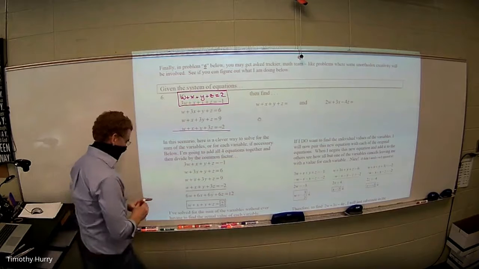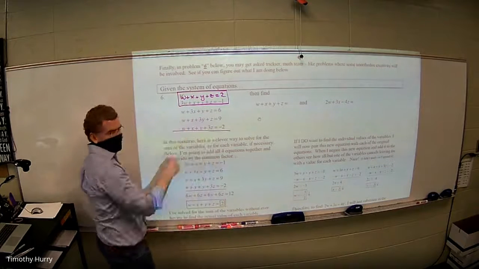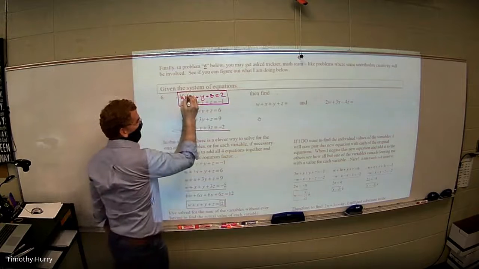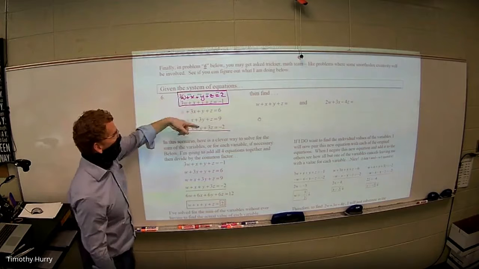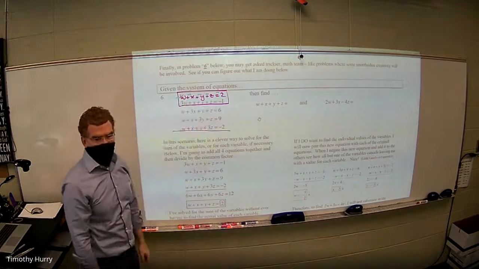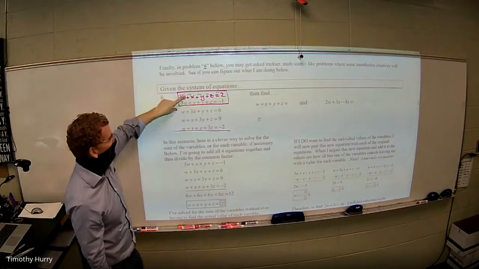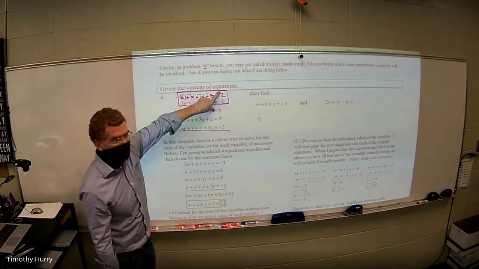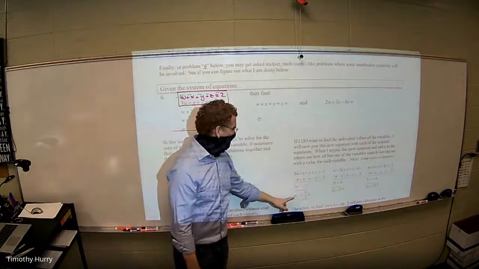Like, what would happen right there if I took this value and I combined it with the one that had the 3W and I negated both sides? What happens to the X's, the Y's, and the Z's? They're gone, and I end up with what? 2W equals negative 3.